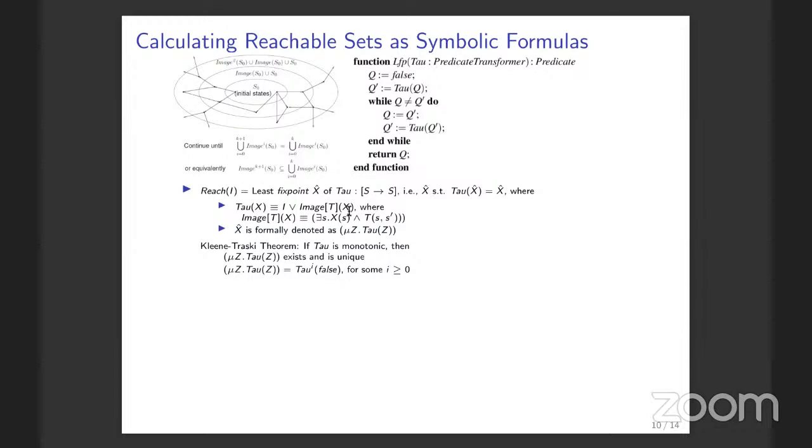If you start with some other x, a superset of I, instead of false, then you will get a fixed point which still includes I, but something more.